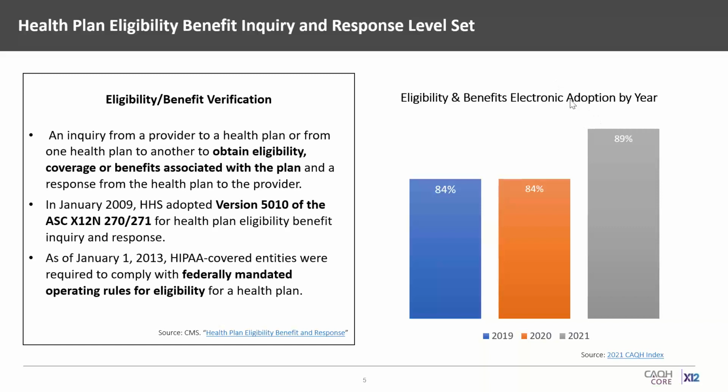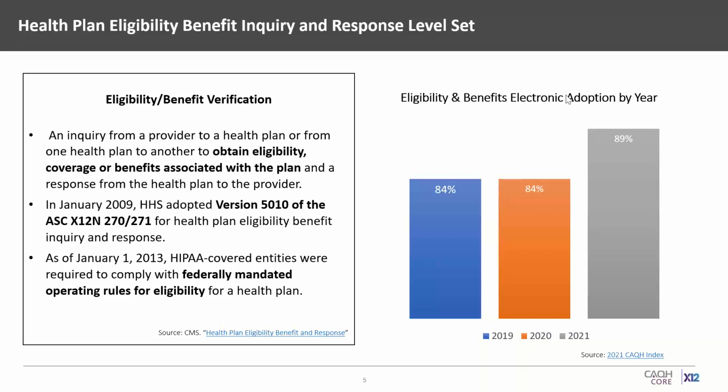The eligibility and benefits transaction is one of the most highly utilized transactions in the industry. Right now, about 89%, almost 90% of eligibility and benefits transactions are conducted electronically using the X12 transaction.